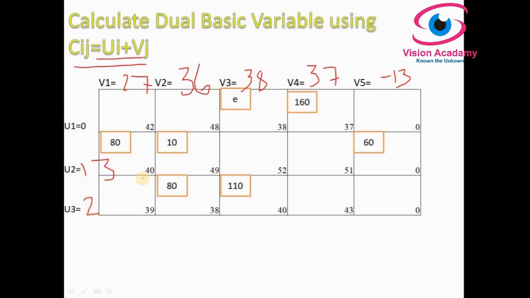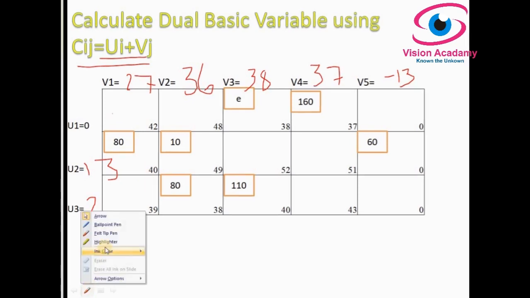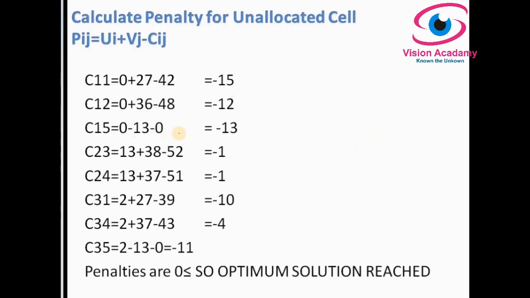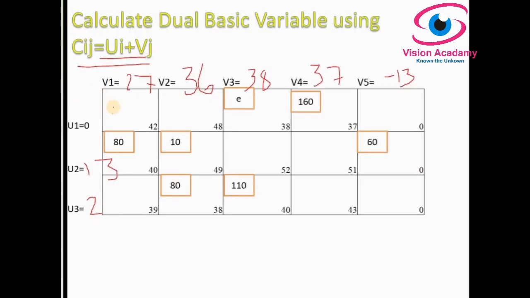Now we can calculate the penalty again. Let us calculate the penalty using the u and v values for the unoccupied cells. Look here. We should define the unoccupied cells first.